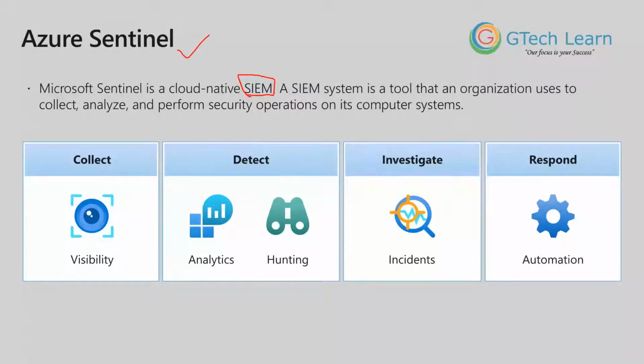The SIEM system might offer different sets of functionality like log management, where we have the ability to collect, store and query the log data from the different resources within our environment. The next functionality is alerting, where a proactive look inside the log data for potential security incidents and anomalies can be detected, and we can raise alerts accordingly.